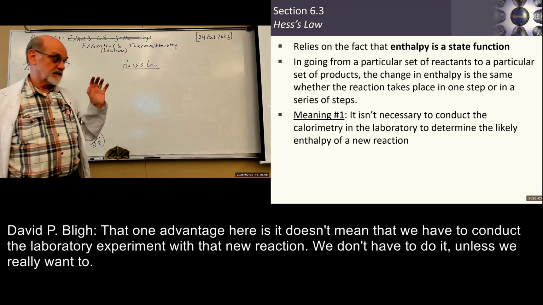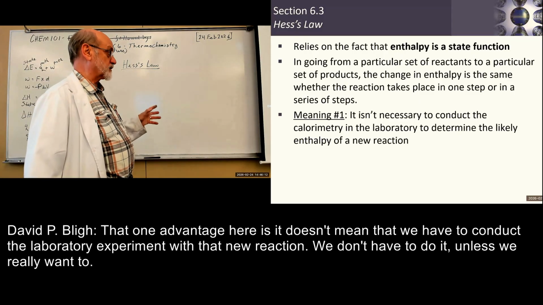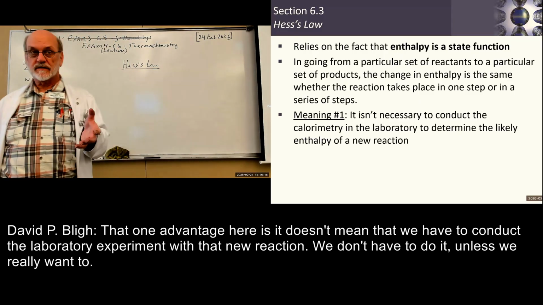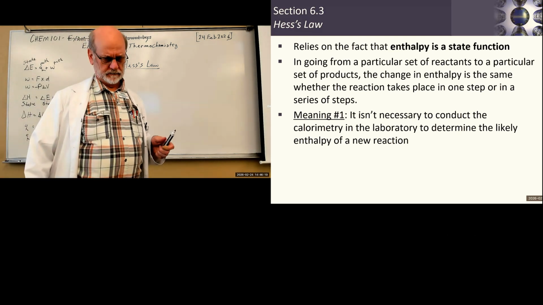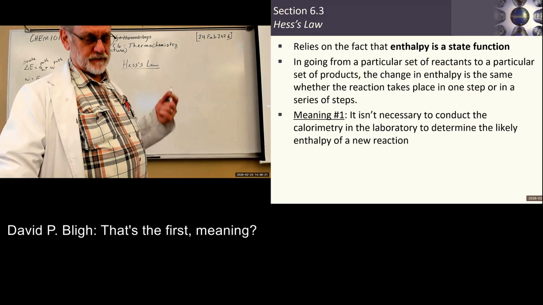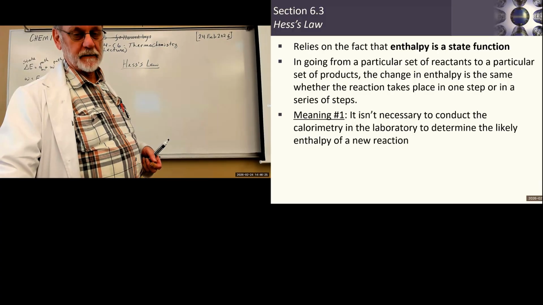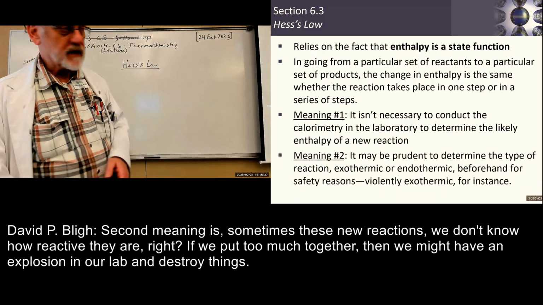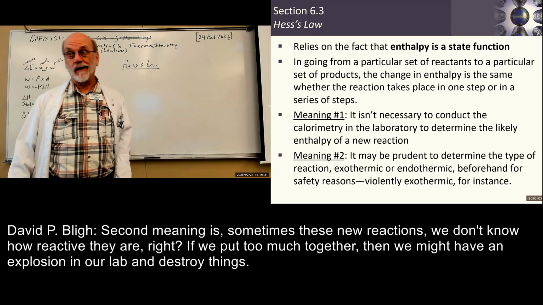One advantage here is that we don't have to conduct the laboratory experiment with that new reaction. We don't have to do it unless we really want to. That's the first meaning. The second meaning is that sometimes with these new reactions, we don't know how reactive they are.